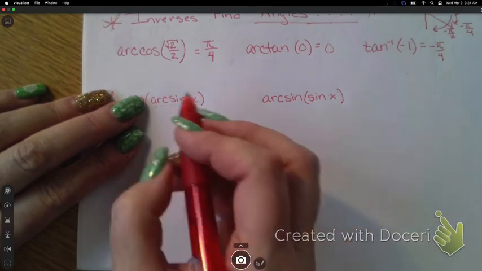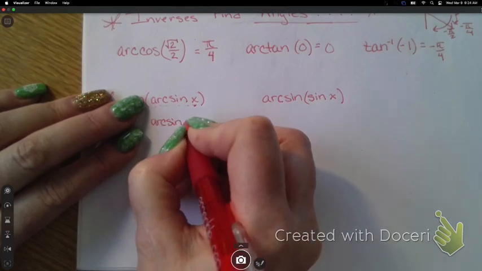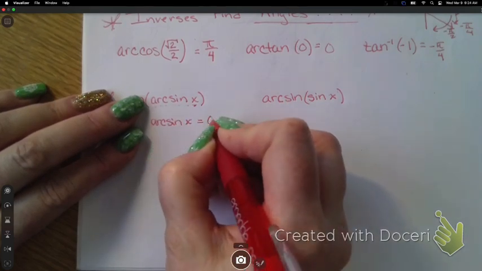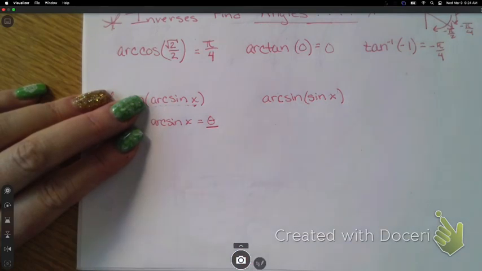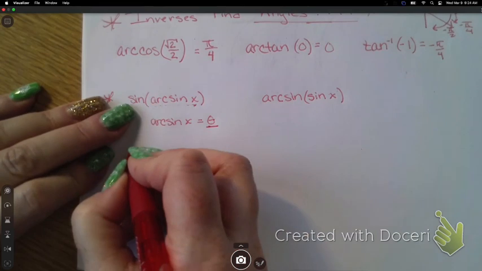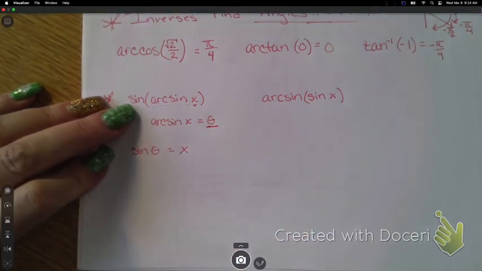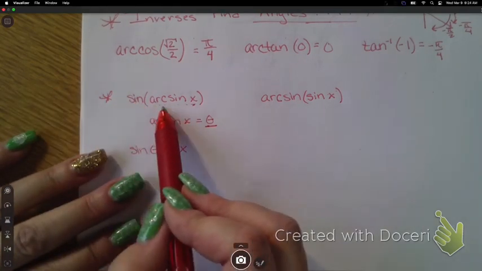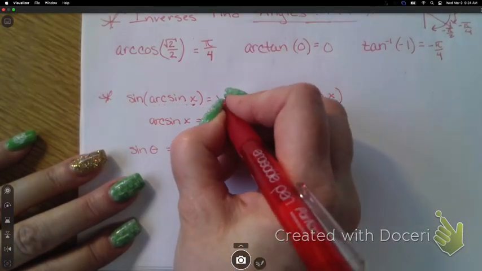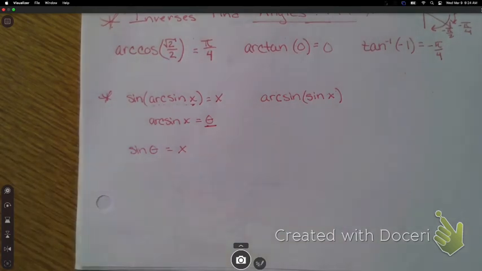Then I would plug that angle into what? Sine, and it would give me what? X. So if I have the sine of the arc sine of x, my answer is just x, because I switched the range and domain once, and then I switched it back.